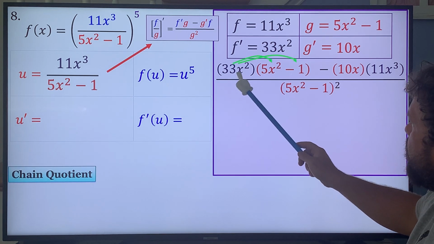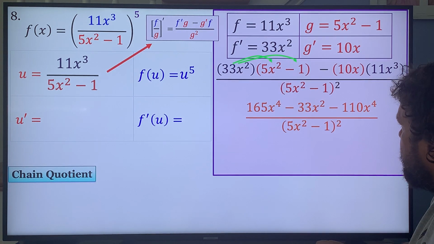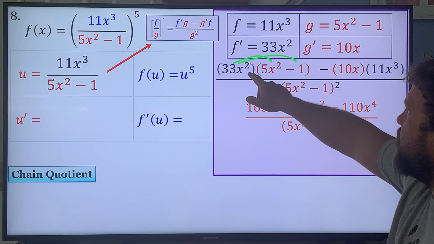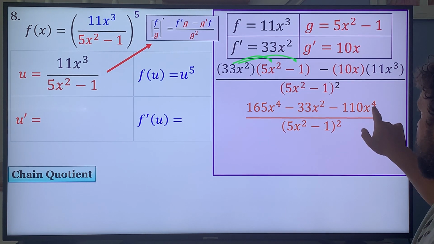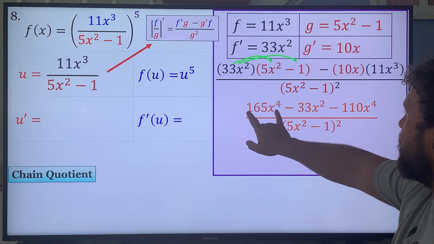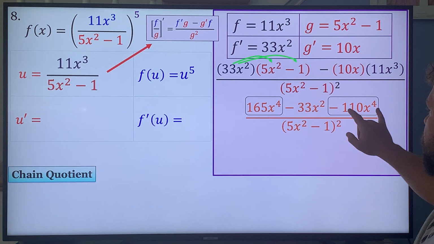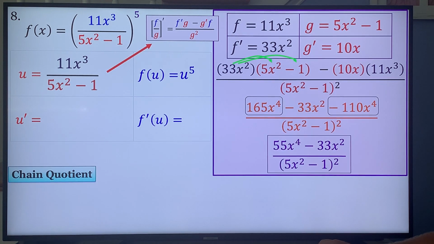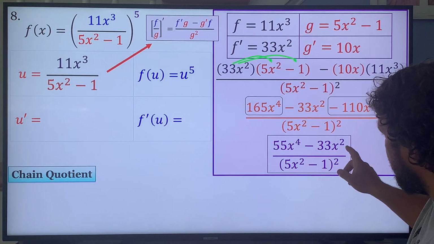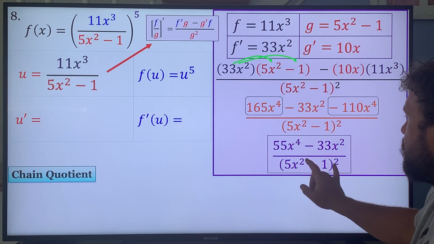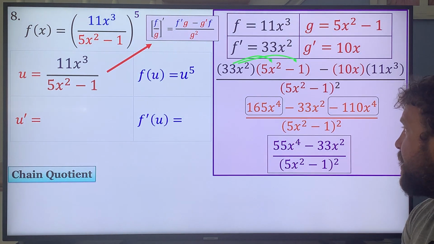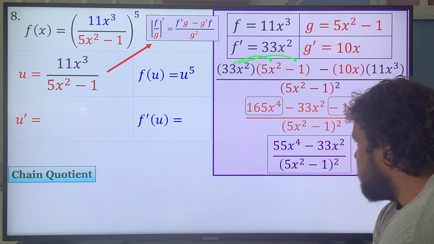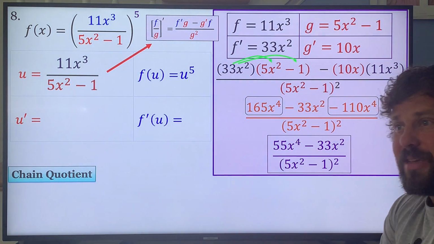Distribute the 33. 33x squared times x to the fourth is 165x squared minus 33x squared minus 110x to the fourth. Combine like terms. 165 minus 110 is 55x to the fourth over 33x squared all over 5x squared minus 1 squared. If you want to take an 11x squared out of the top, you can, leaving 5x squared minus 3, but that doesn't really do anything, so you don't have to.